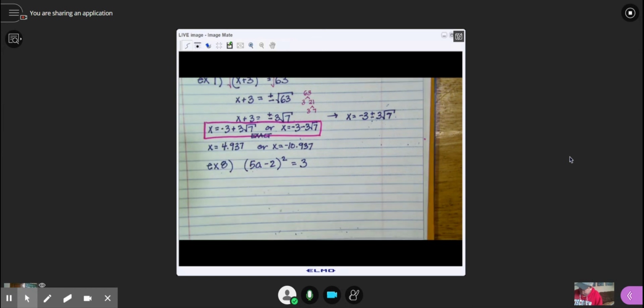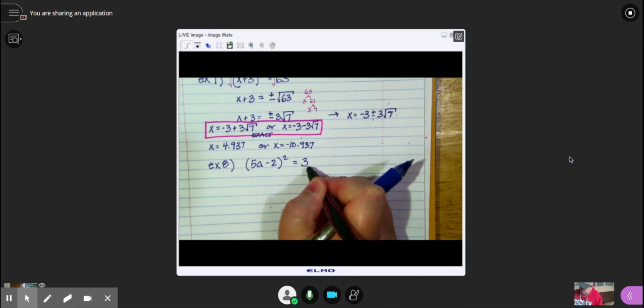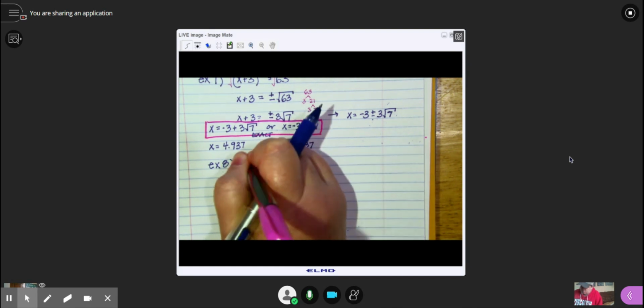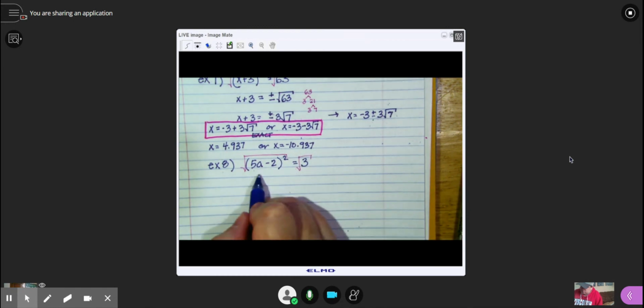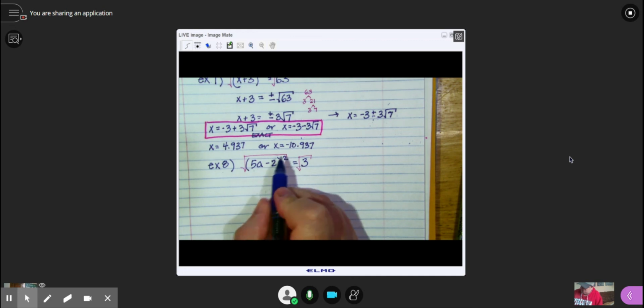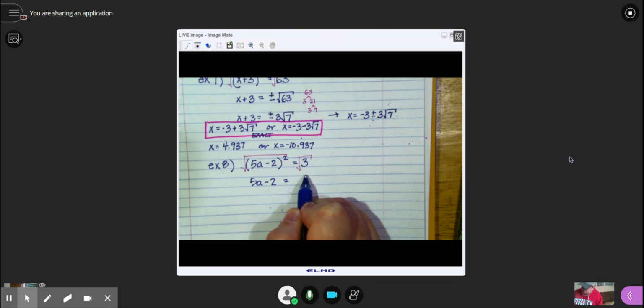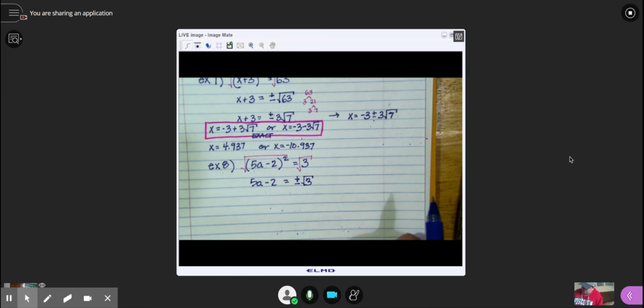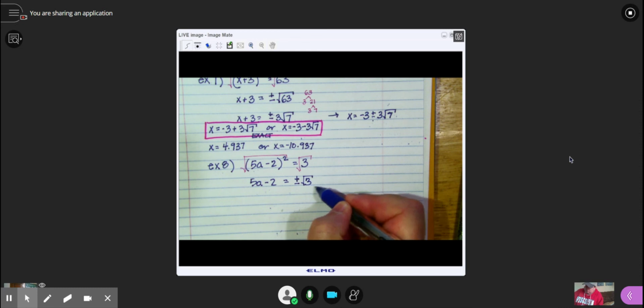Like the others before, I have a quantity being squared equal to another quantity. I'm going to take the square root here on both sides. The square root of (5a minus 2) squared is just 5a minus 2. This is going to equal a positive negative square root of 3. The square root of 3 cannot be simplified.